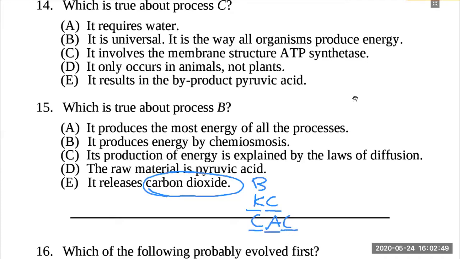Okay, so carbon dioxide, which is one of the waste products of the cellular respiration, is produced during the Krebs cycle, while the water, which is the second waste product, will be produced during the electron transport chain. So the answer for question 15 is E.